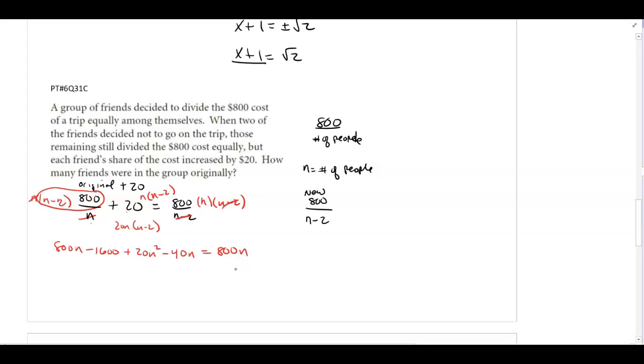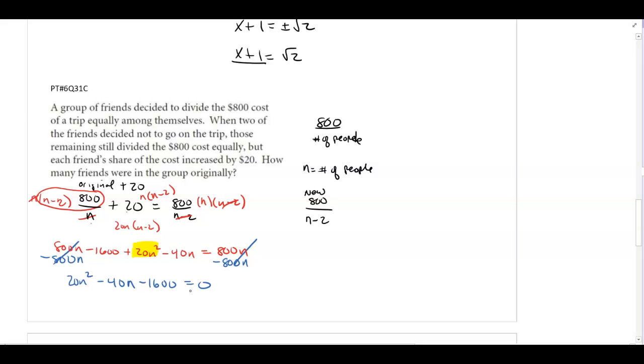Now if you look, I get a quadratic, and I have to recognize that I get a quadratic here. And remember, any number I get is going to be positive. So the first thing I'm going to do is set this equal to 0. So I get 20n squared. I'm going to subtract 800n from both sides. Right away, those wipe out and leaves me with minus 40n minus 1600 equals 0.